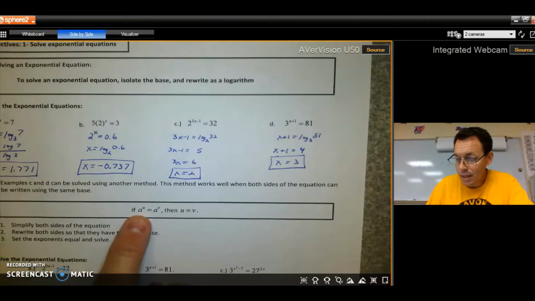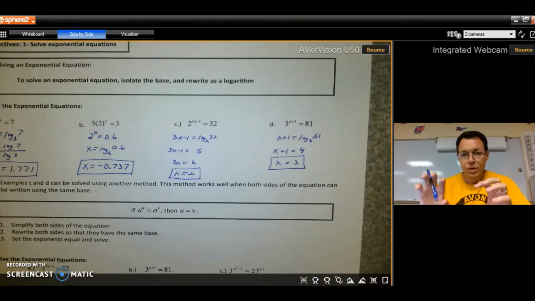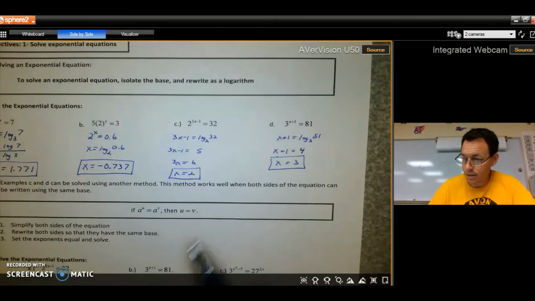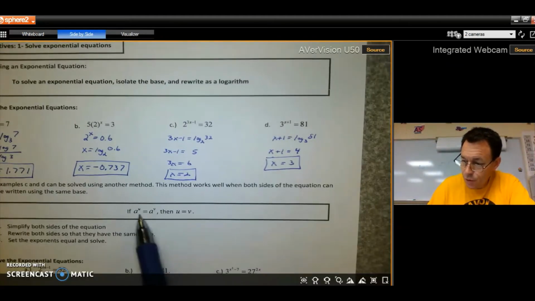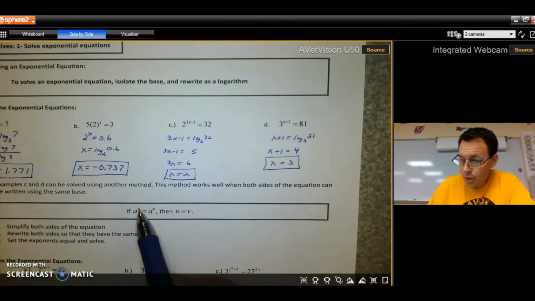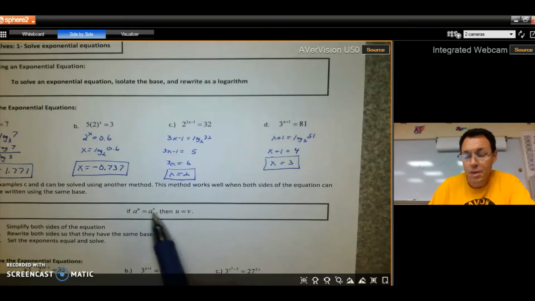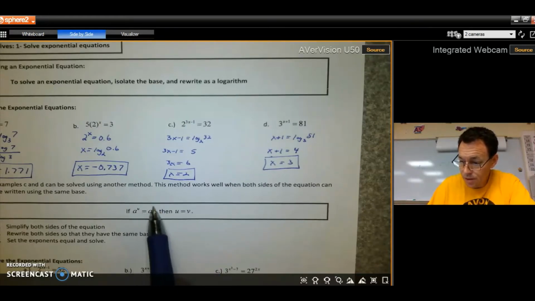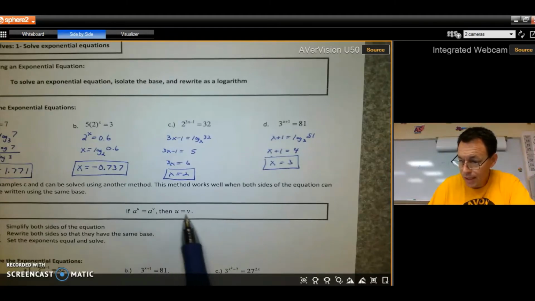If the two bases are identical, the only way your two sides can be equal is if the exponents are also identical. What this says is, if you have a base to a power equals a base to a power, and those two bases are the same, then the two exponents have to be the same. So we can just ignore the bases, set the exponents equal to each other, and we'll have an easier algebra expression.